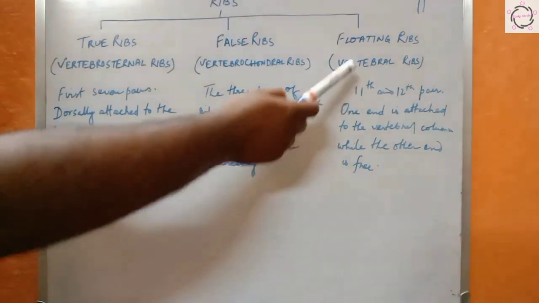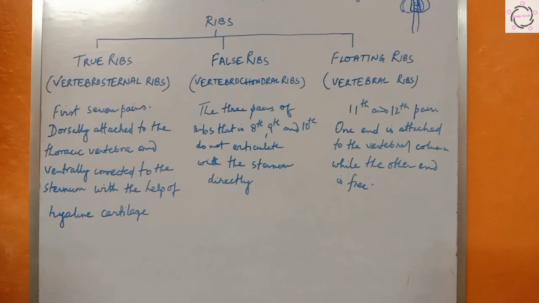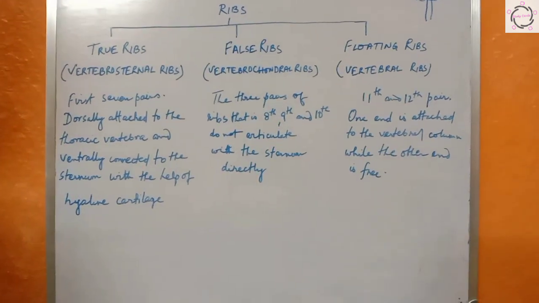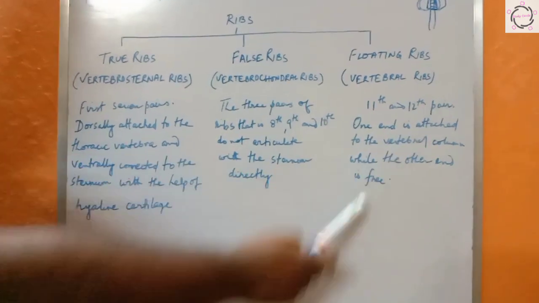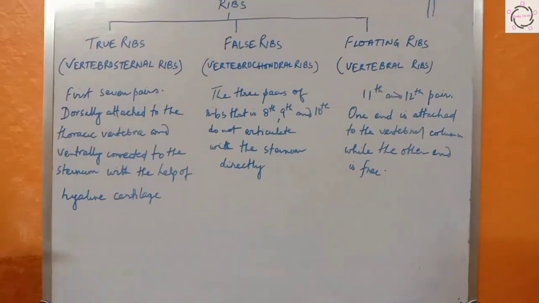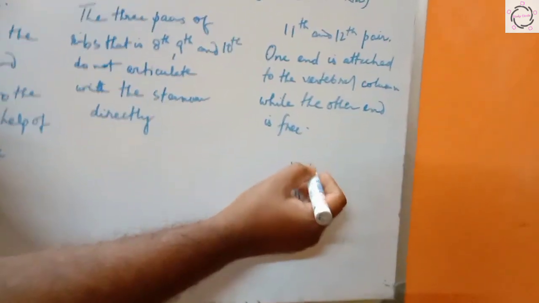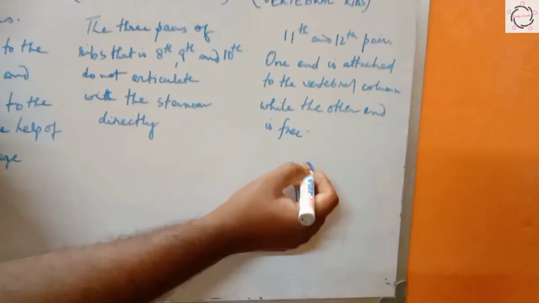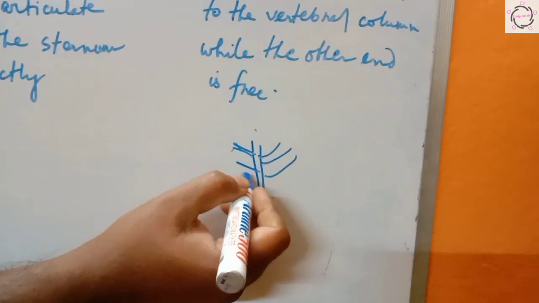Now floating ribs, also called vertebral ribs, are the last pair, the 11th and 12th pairs, the last 2 pairs. One end is attached to the vertebral column while the other end is free. If you look at the diagram of ribs, the first ones join at the back with the vertebral column and at the front with the sternum.